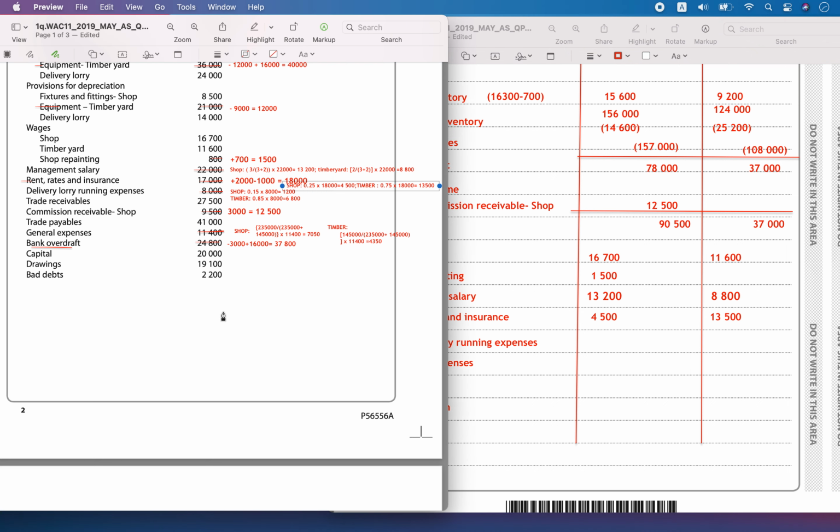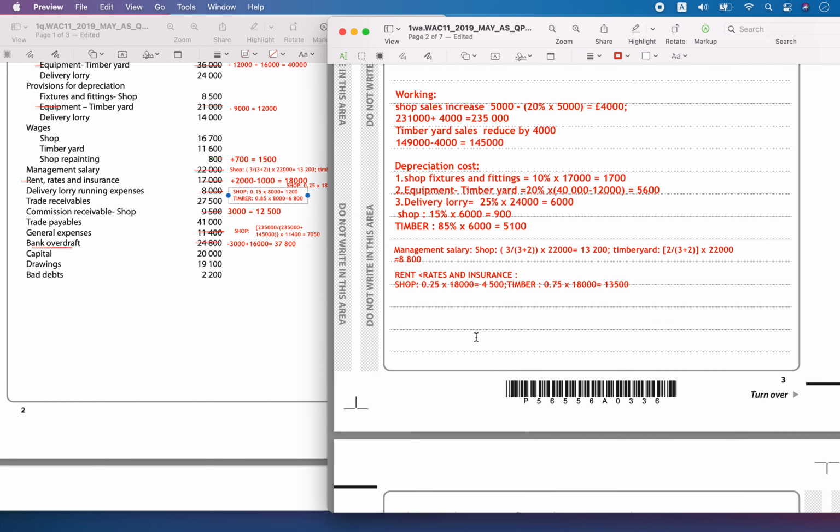Then you have the delivery lorry expenses. This ratio also was calculated earlier. So 1,200 and 6,800.